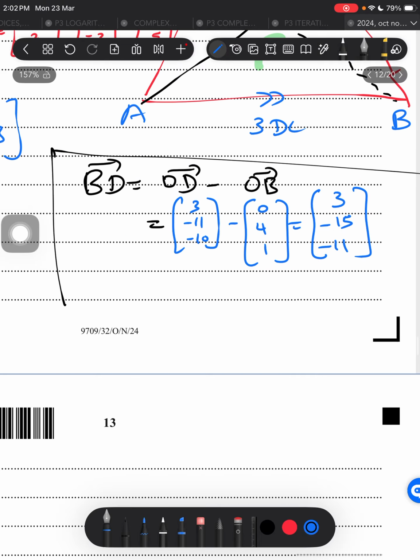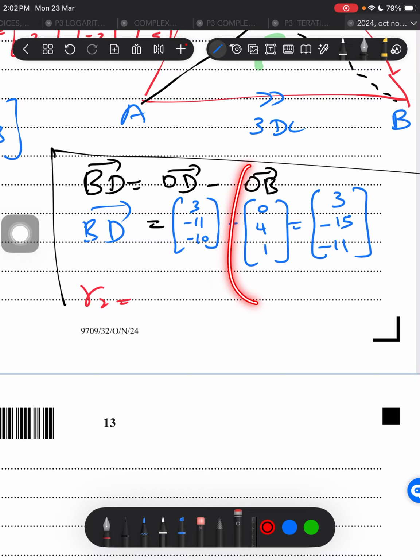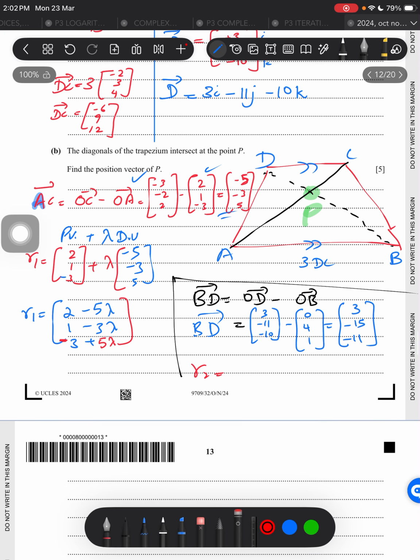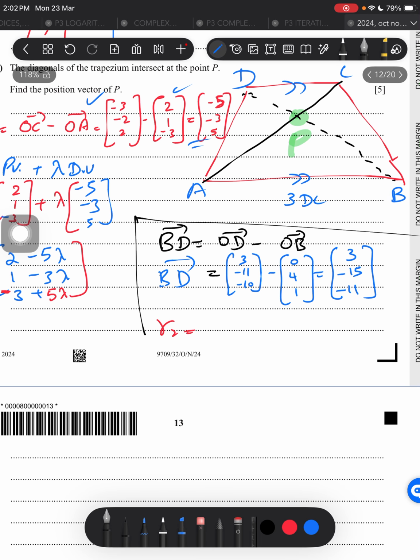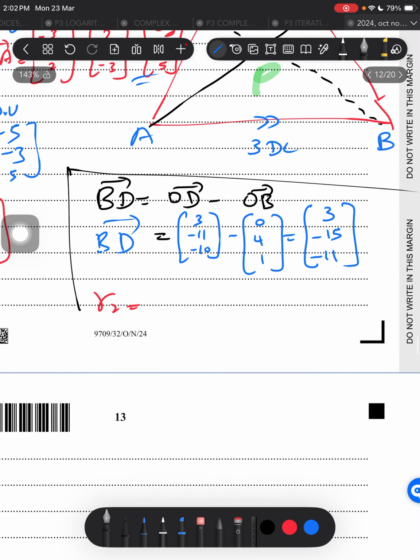So in this we can form equation R2. Simply this is a direction vector, starting from B until D. So this is the resultant. We can't call it lambda, we can call it mu.